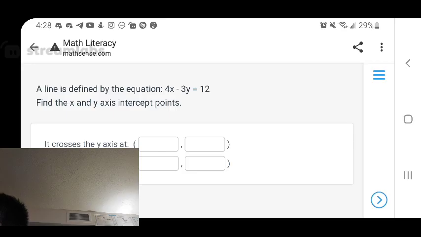Yep, y is negative 4. And then you do the opposite. 4x minus 0 equals 12. So you know x is 3. X is 3 and y is 0. So 0, negative 4. X is 3, 0.